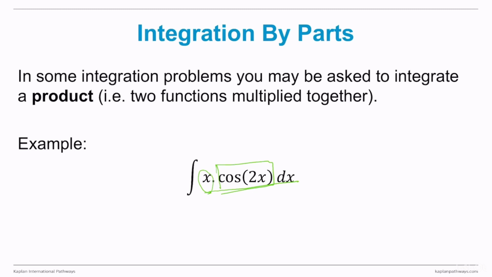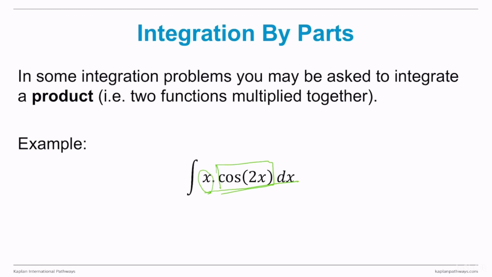We just did yesterday two functions multiplied together, like sine and cosine, and we used the identities to solve it. So if you can't find something useful from whatever we learned before to solve the question, you can use integration by parts.